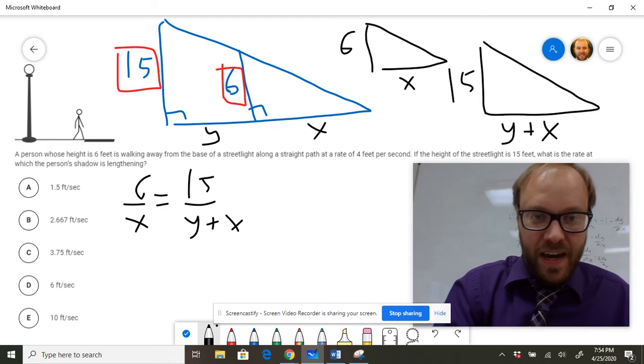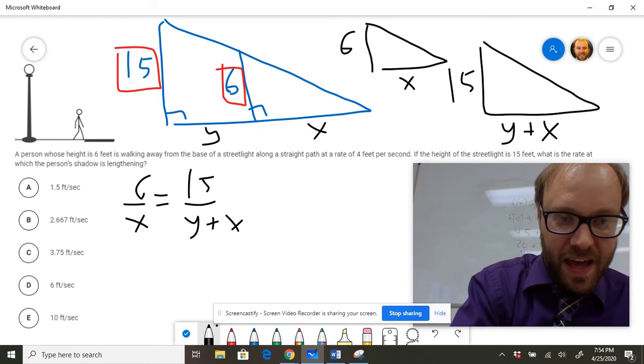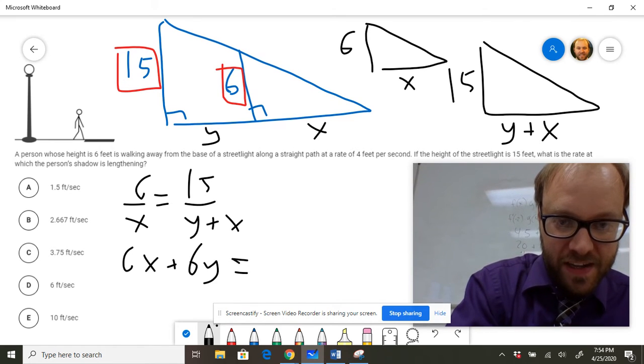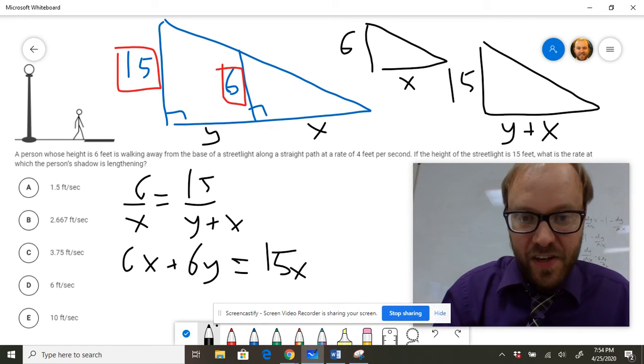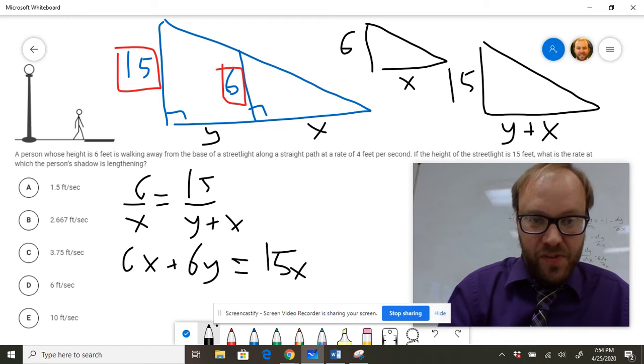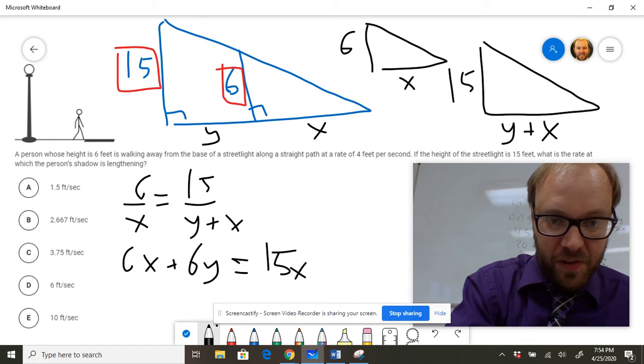So if we do that, we're going to have 6x plus 6y, I'm cross multiplying here, is equal to 15x. And one of the particularly interesting things here is you can subtract that 15x from both sides. You end up with a very simple equation.